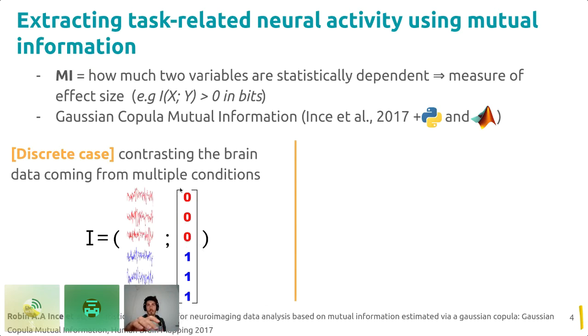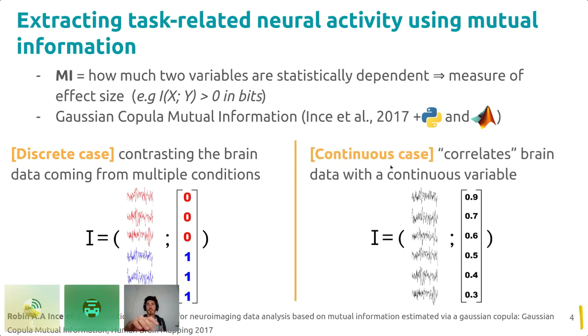It's really the same syntax. And a continuous case, where this time you try to find which brain region correlates with a continuous variable. This continuous variable could be, for example, the surprise or a prediction error, a learning curve, something that emerged from a behavioral model.